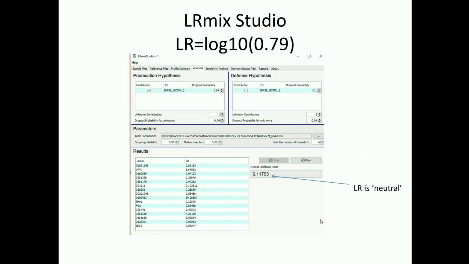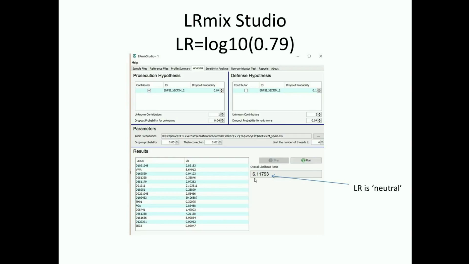Okay, now if we turn to the results of EuroForMix Studio, again we carry out exactly the same analysis. Under the prosecution hypothesis we have the victim and one unknown contributor, and two unknown contributors for the defence hypothesis, and this gives us a very low likelihood ratio, which is effectively neutral. It's just 6.